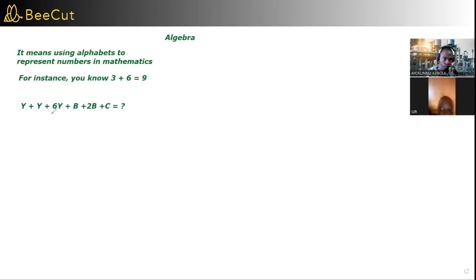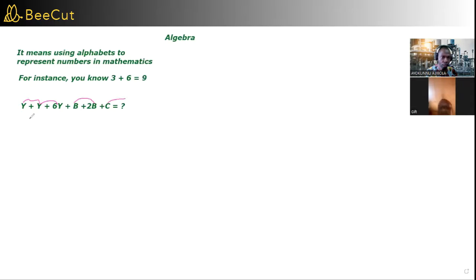Now, if you have something like this, all you need to consider is which ones are the same and which ones are different. The y and y and y are the same, while the b and b are the same, and c is different from them.